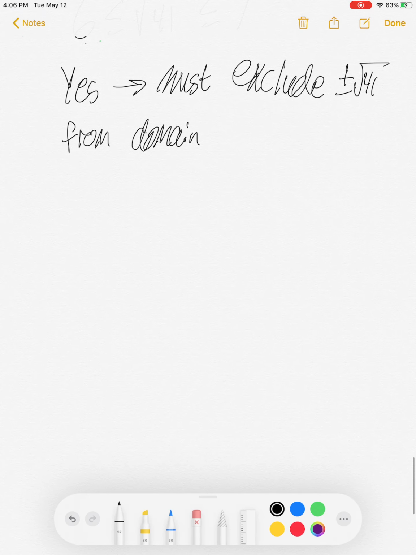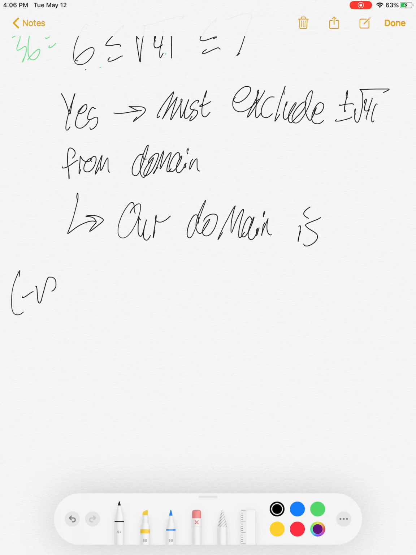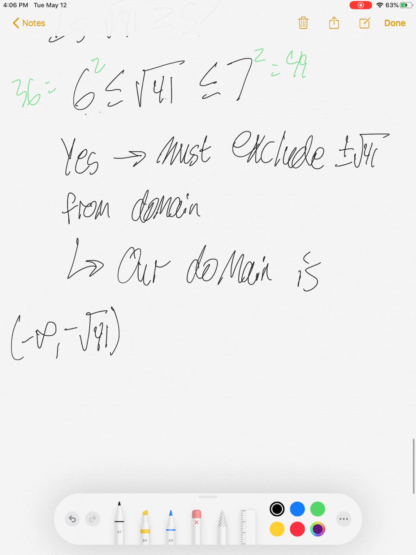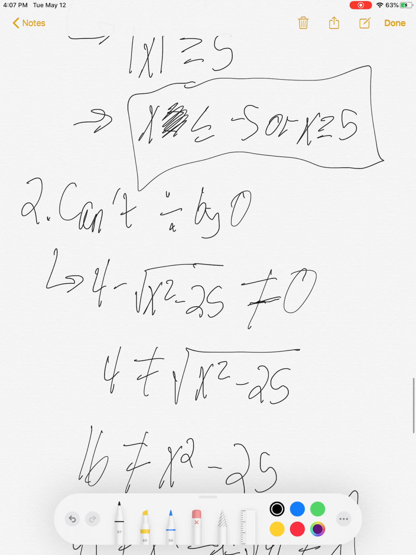Which means we now have enough information. So our domain is, at the left, everything below negative root 41, but then we need to exclude negative root 41, because if x is negative root 41, things break. And then I can also take the things between negative root 41 and negative 5. Again, that goes back to these conditions.